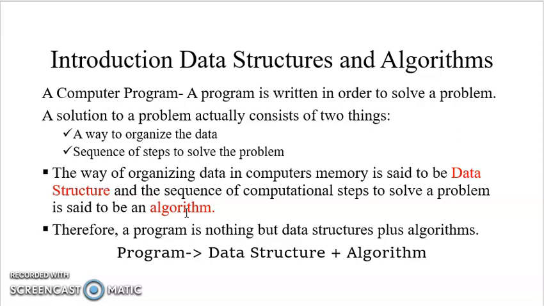So by combining both of these elements, we can build a program as the data structure plus an algorithm. This is named a program, an instruction, or a solution for a problem. Therefore a program is nothing but a data structure plus an algorithm.